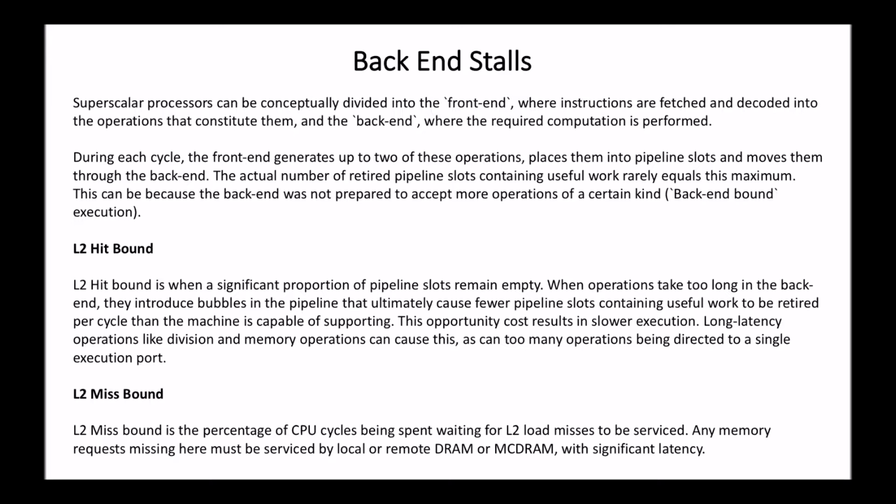Operations like division and memory operations can cause this, as well as directing too many operations to a single execution port. Or it could be L2 miss bound, which is the percentage of CPU cycles spent waiting for L2 load misses to be serviced. Memory requests missing here have to be serviced by local or remote DRAM, which introduces significant latency.